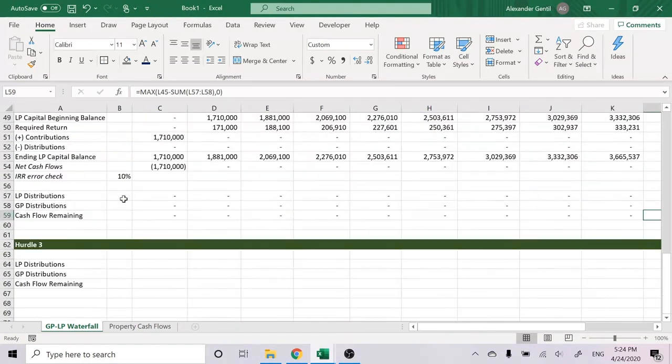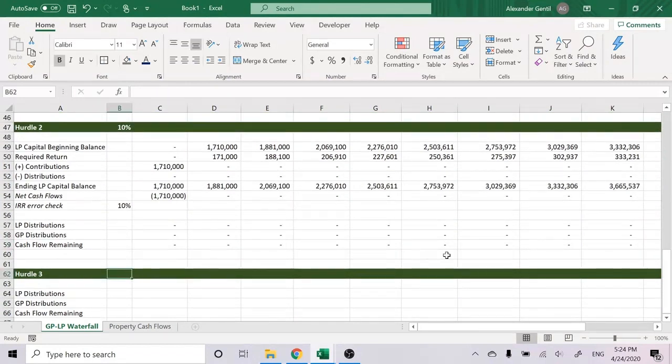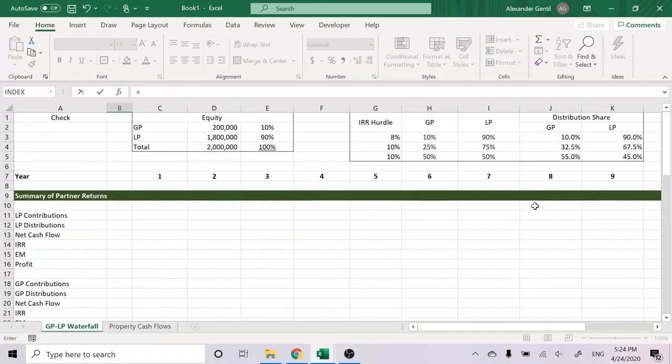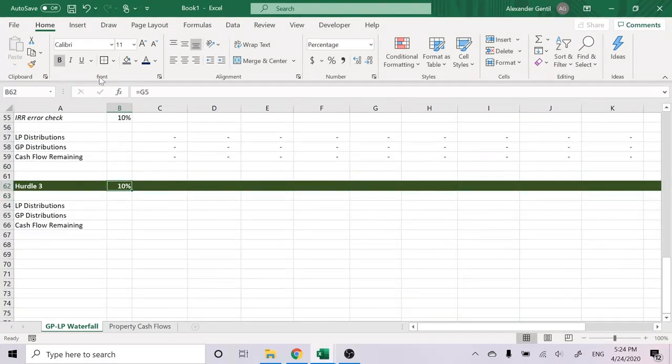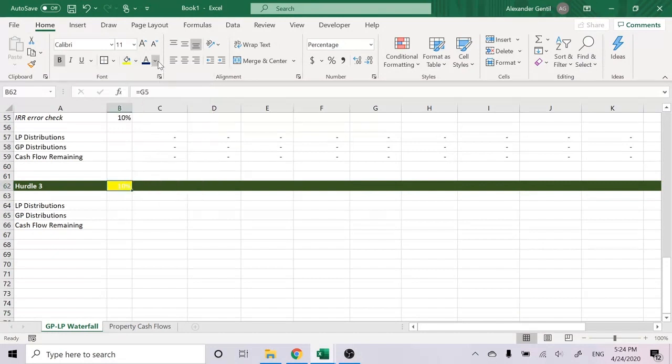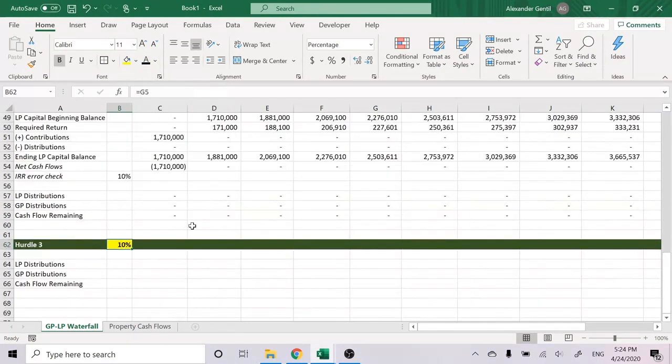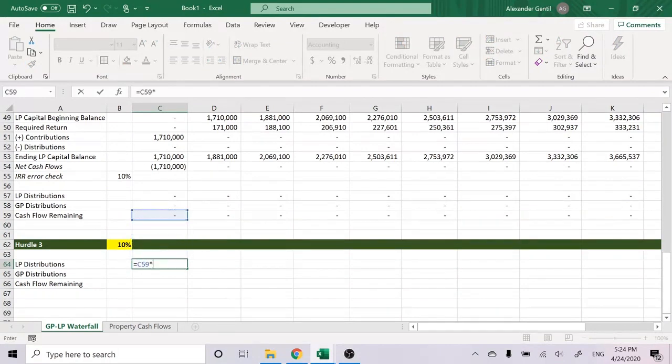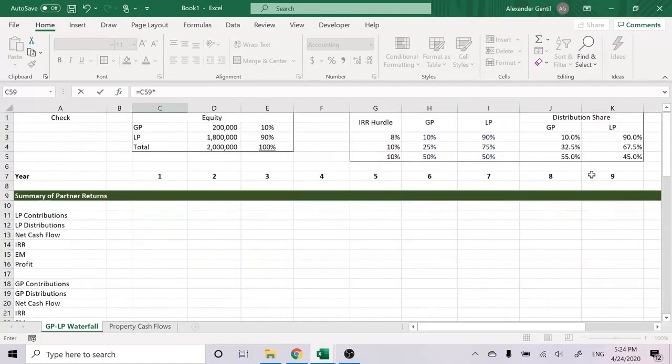Okay, so then anything over 10%, just as a formality here, over 10%, but we're not actually going to use that. That's just to let us know that we're distributing everything else that remains. So, whatever cash remains for the LP, take that and distribute it 45%.